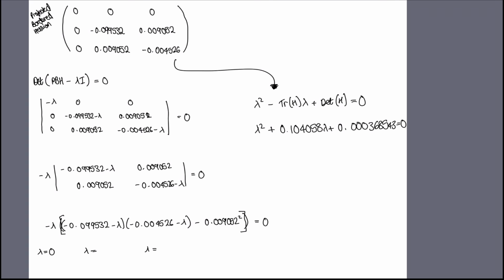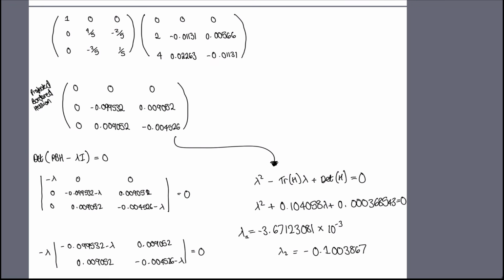So this gives us minus 3.671238081 times 10 to the negative 3, and also gives us minus 0.10038867. Okay, it does seem that I've lost the ability to use a calculator, and this value should have actually been 0.0181.